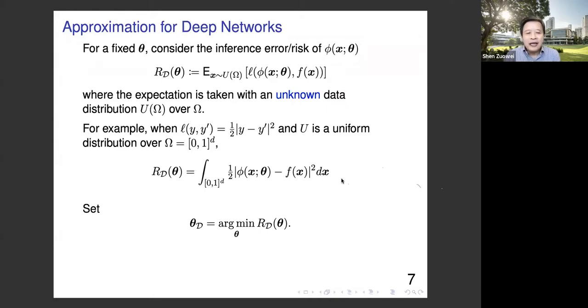Then deep learning is theoretically this: you want to find the parameter theta_D, the parameter to learn, so that you minimize this R_D theta. That's what deep learning wants to do.